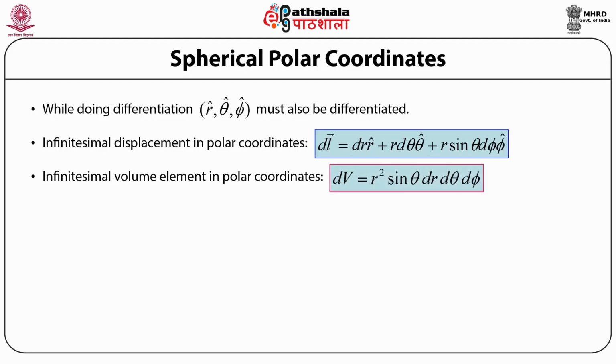And the infinitesimal volume element in the spherical polar coordinate system, that is dV, is equal to r squared times sine of theta times dr times d theta times d phi.